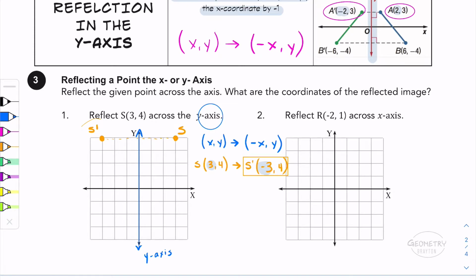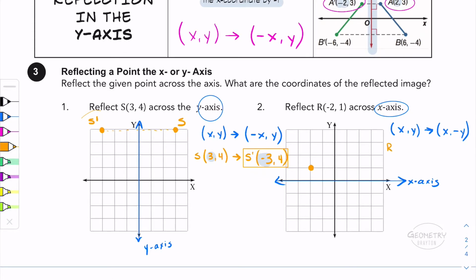For number 2, we are reflecting point R, which is at negative 2, 1, across the x-axis. The x-axis is located here. And remember that if you're reflecting across the x-axis, the rule has you flip the opposite point. x, y maps onto positive x, negative y.